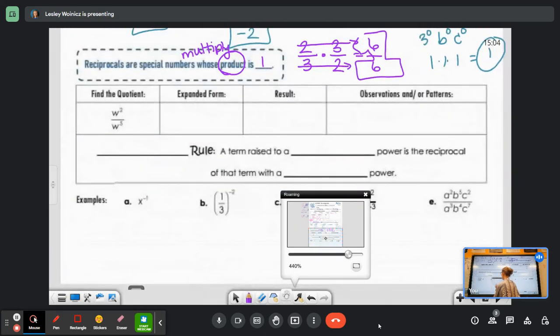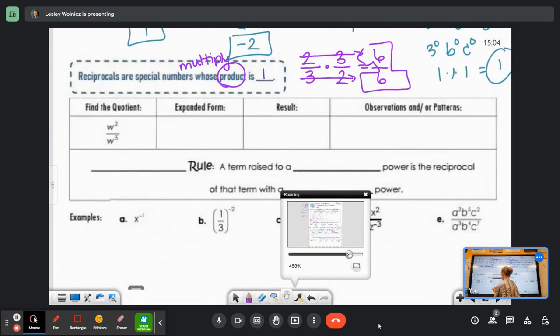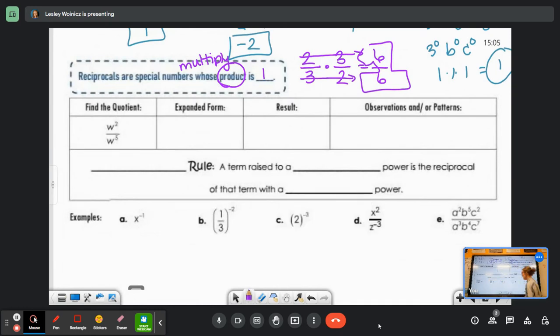Let's talk about negative power. We're going to need our friend the quotient rule again. So let's use our expanded form that we talked about yesterday. We're going to make a great big fraction bar, put 2 w's multiplied together on the top and 5 on the bottom.